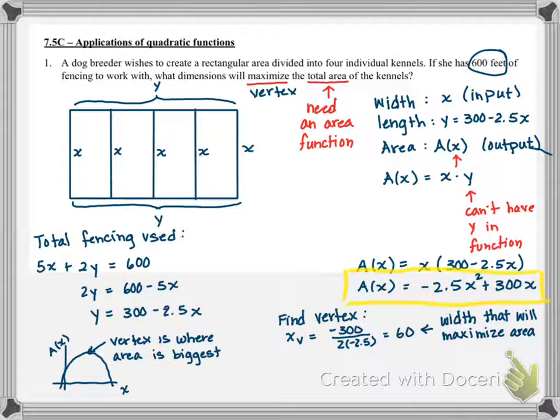So the dimensions are the length and the width, so I'm going to go back up to my list and say, oh, length is 300 minus 2.5x, and I know what x is. So length is 300 minus 2.5 times 60, which I believe is 150. Sorry, I'm running out of room.